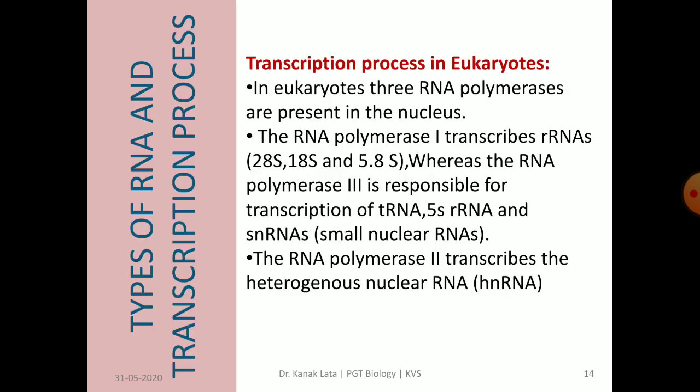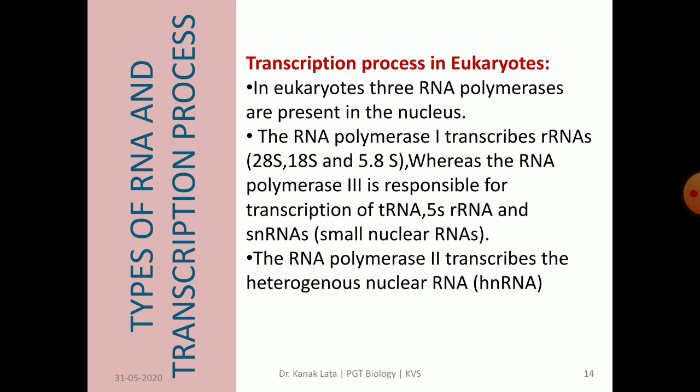Let us see about the transcription process in eukaryotes. It is a little bit complicated, as here 3 RNA polymerases are present and each has a specific role. RNA polymerase 1 transcribes ribosomal RNAs, that is 28S, 18S and 5.8S.